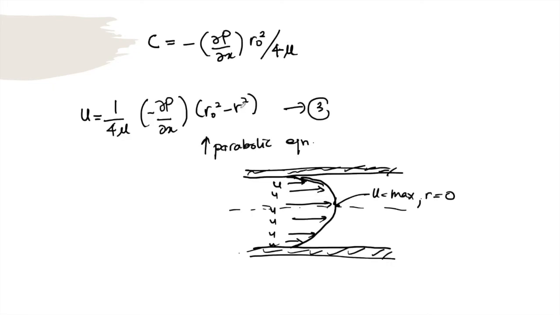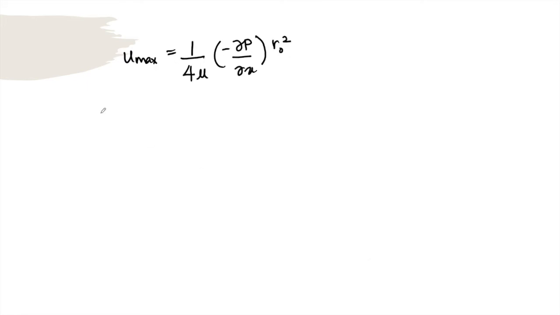After we substitute that condition, we get that u maximum is equal to 1 over 4 mu, negative del P over del X, R naught square. If you substitute r equal to 0, then 0 to the power of 2 is 0, and then u is maximum, u max. You will get this equation.